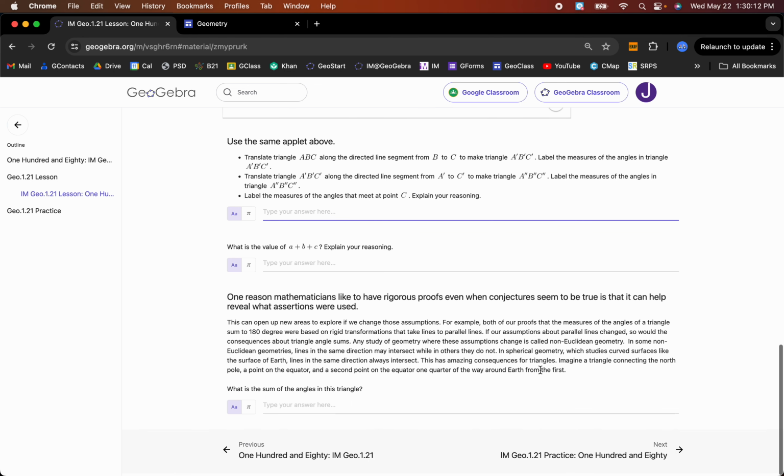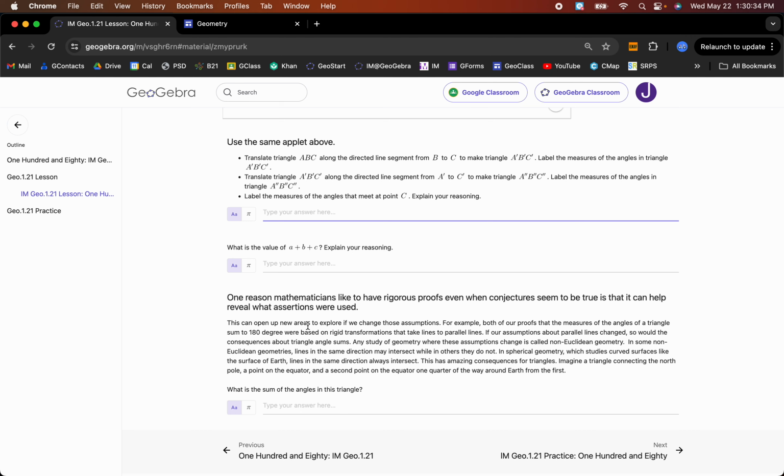Right? Okay, so one reason mathematicians like to have rigorous proofs even when conjectures seem to be true is it can help reveal what assertions were used, right? What assumptions are you making when you're coming up with your statement? So this is going to open up new areas to explore if we change those assumptions.